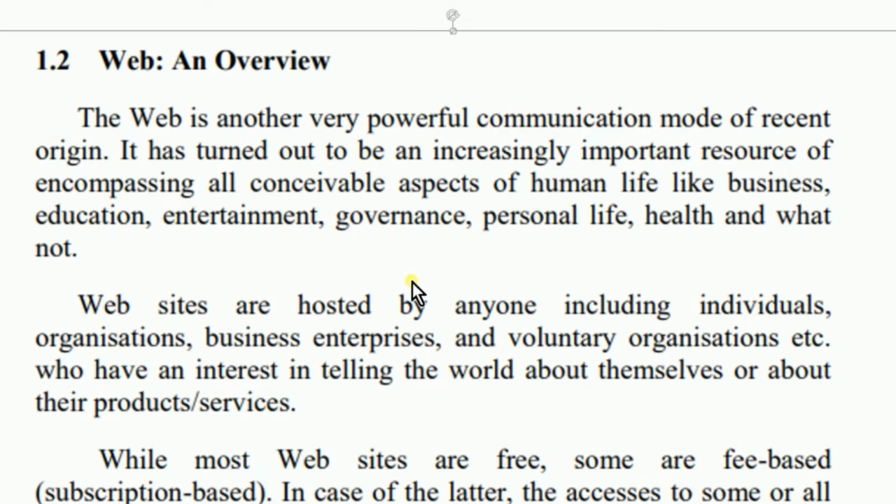These websites are hosted by anyone, including individuals, organizations, business enterprises, and voluntary organizations who have an interest in telling the world about themselves or about their products or services. Then they can create a website.